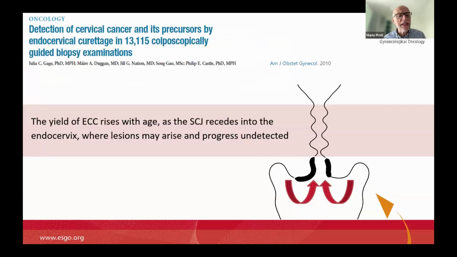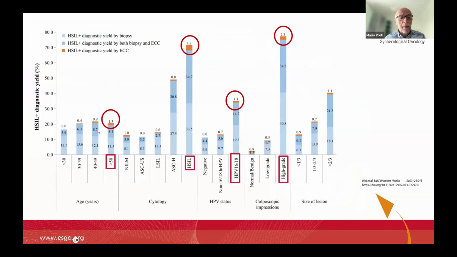But we know that the yield of endocervical curettage rises with age, as the squamocolumnar junction recedes into the endocervix, where the lesion may arise and progress undetected. With older age, higher grade of cytology, HPV 16 and 18, and higher grade of the colposcopic lesion, we have a higher yield of endocervical curettage.